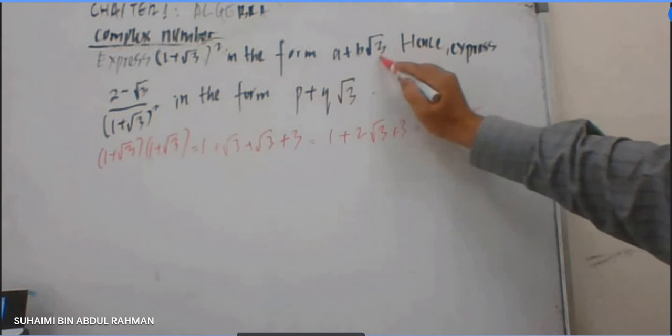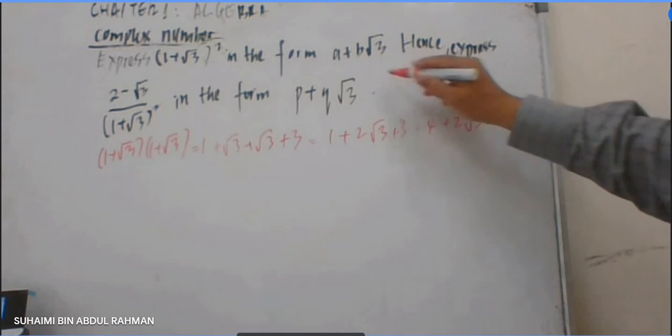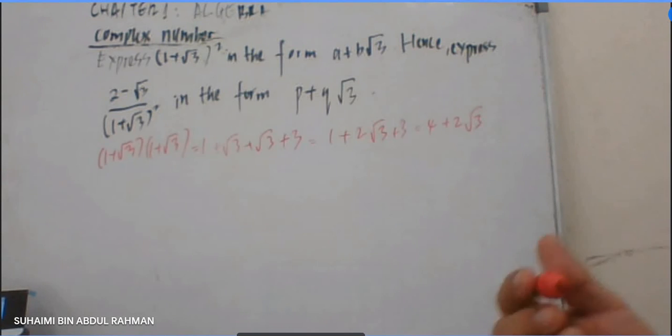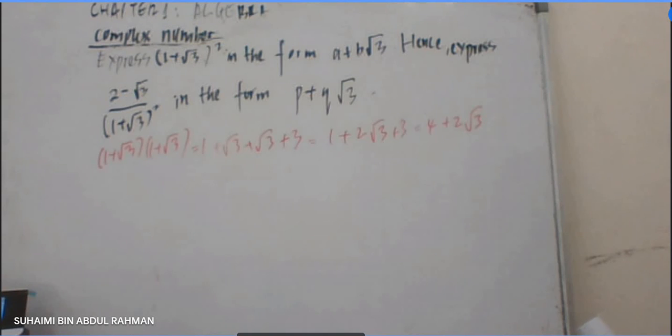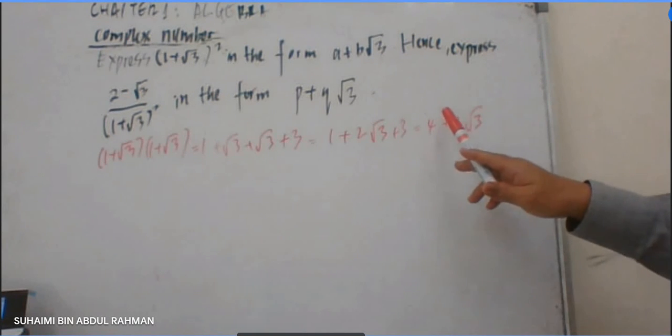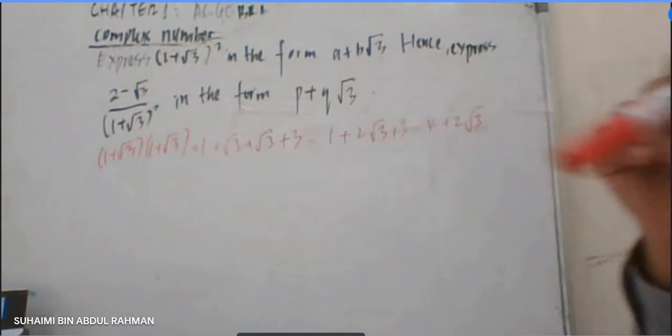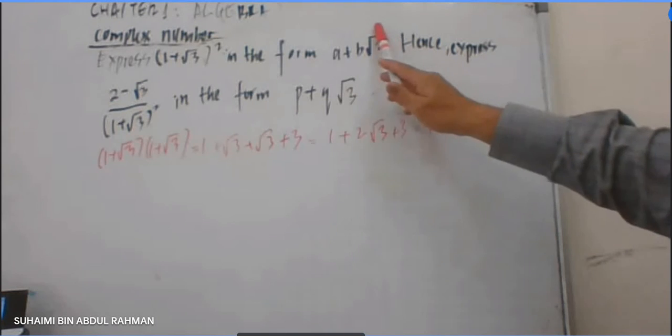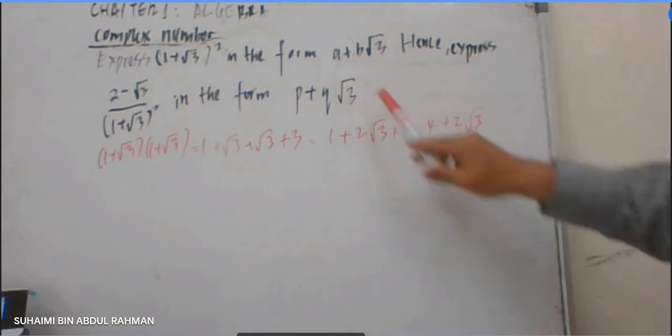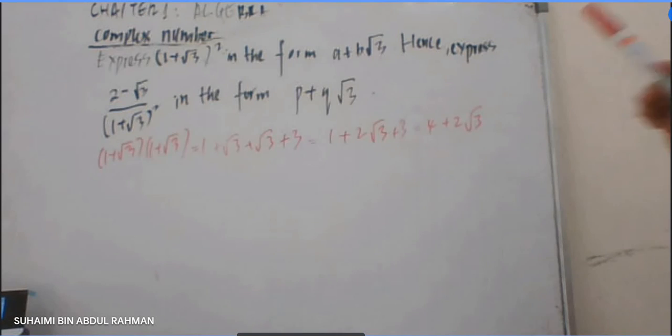So we write in this form, a plus b square root of 3. We manage to write that 1 plus square root of 3 squared is 4 plus 2 square root of 3.